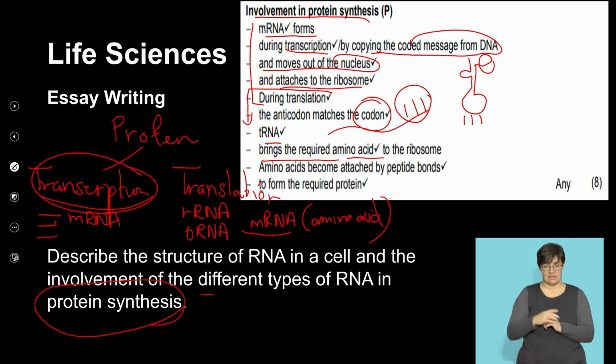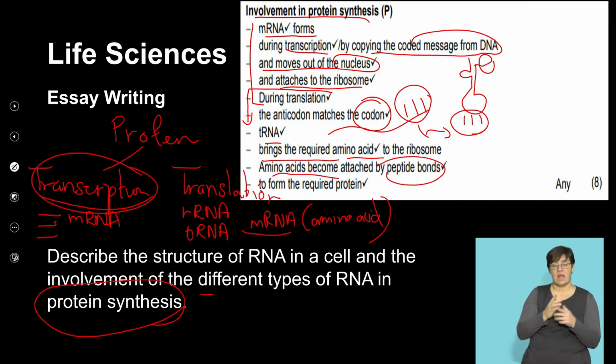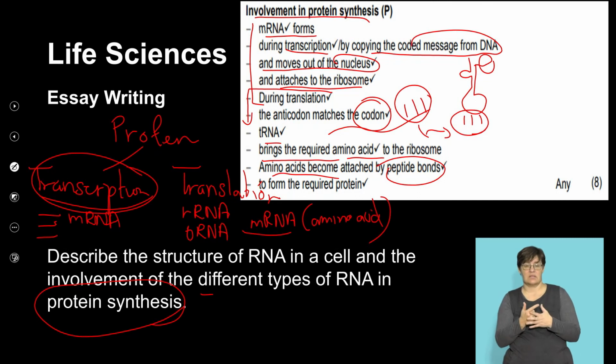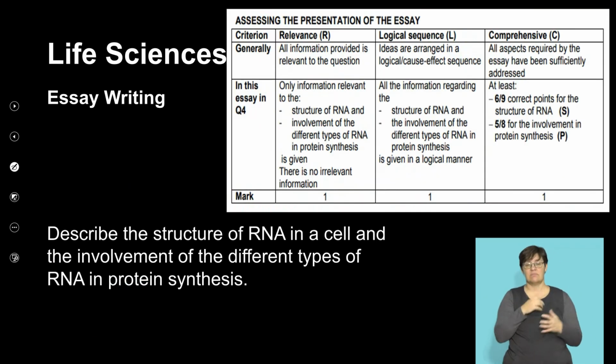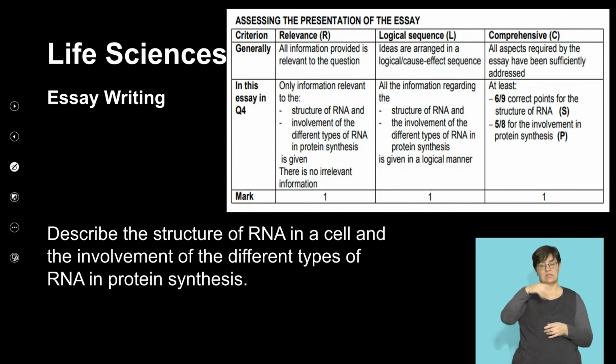We talk about the bases on the tRNA and the bases on the mRNA forming the codon and the anticodon bonding. The amino acids then come in, and they are held together with what we refer to as peptide bonds, forming eventually a polypeptide chain. And that describes essentially the process of protein synthesis.